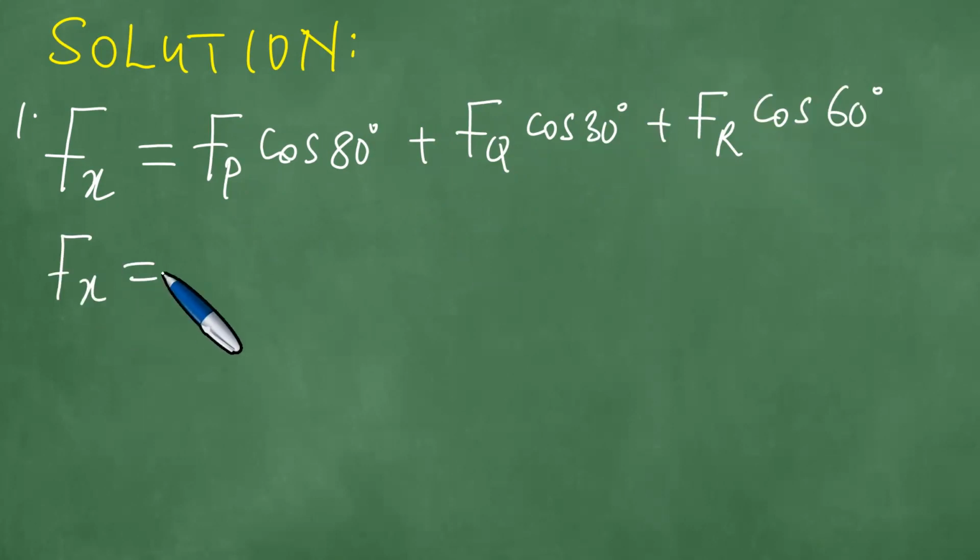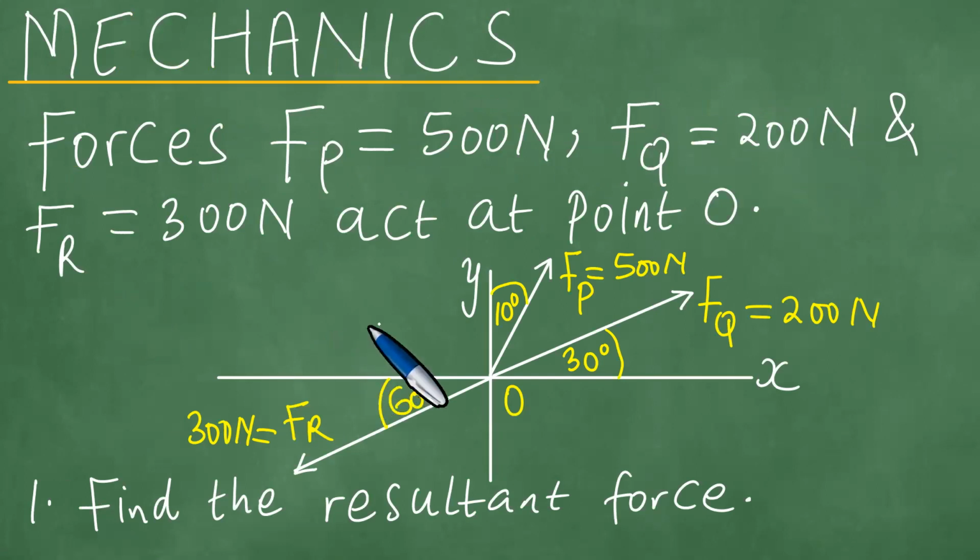Okay, what is force Fp? Right, looking at it very carefully, here is force Fp, but the angle here with the x-axis is 80 degrees, so that 80 plus 10 is 90, and we have the 90 degree angle there.